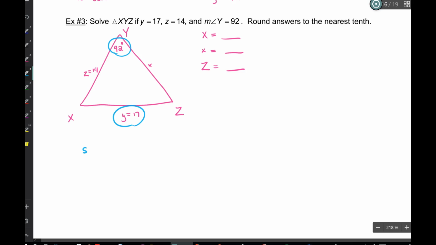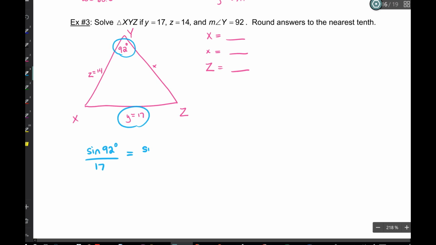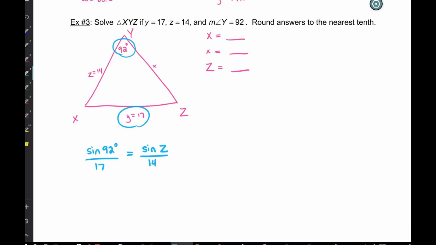So I'm going to do sine of 92 over 17 equals, well, I don't have enough information to find angle x or side x, so I've got to do z. Problem is, z is actually the thing that I'm missing. I'm missing the angle measure, which is fine. We'll do sine of z over 14. Don't forget, we still have to take sine of the angle.